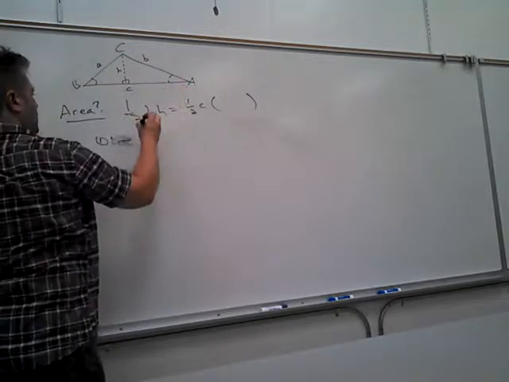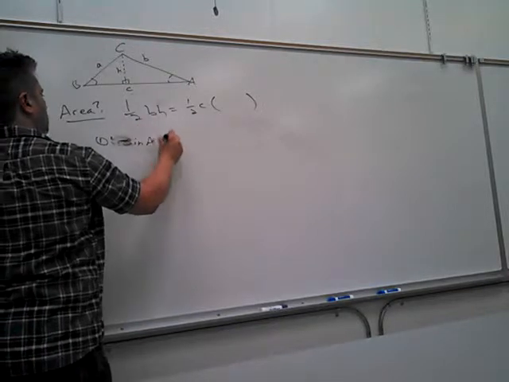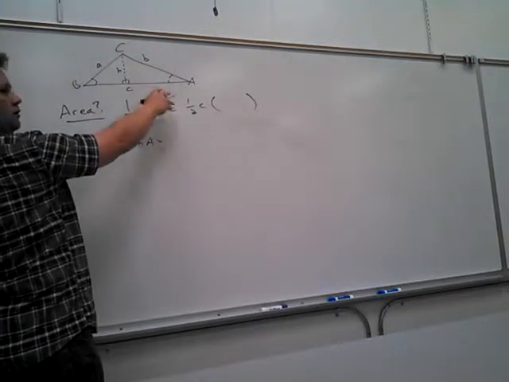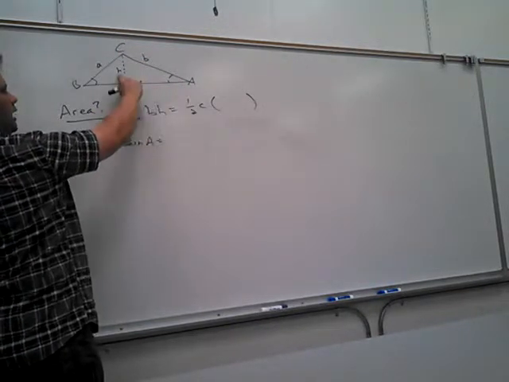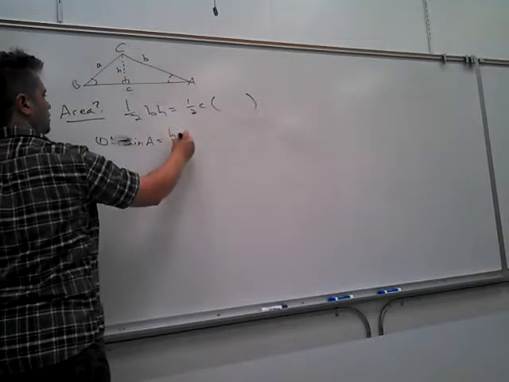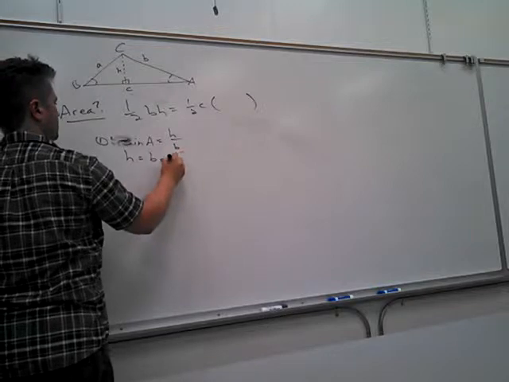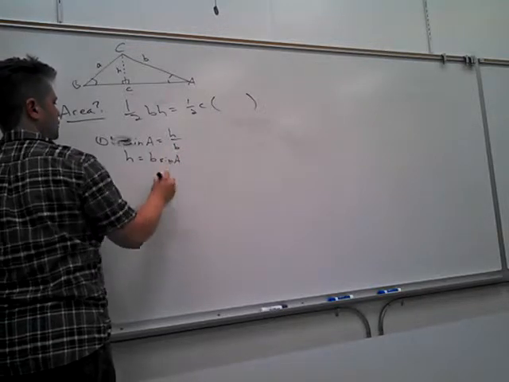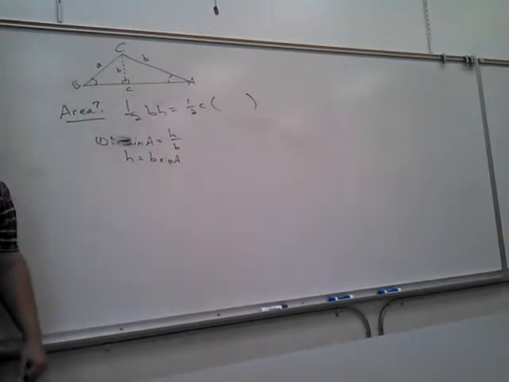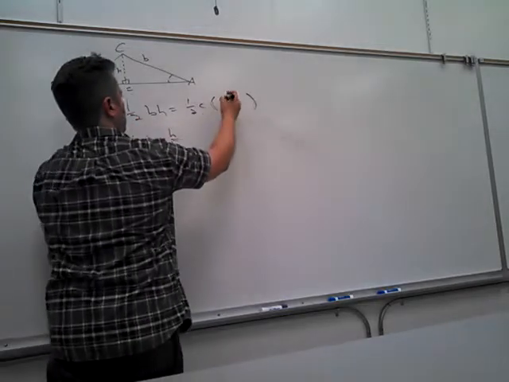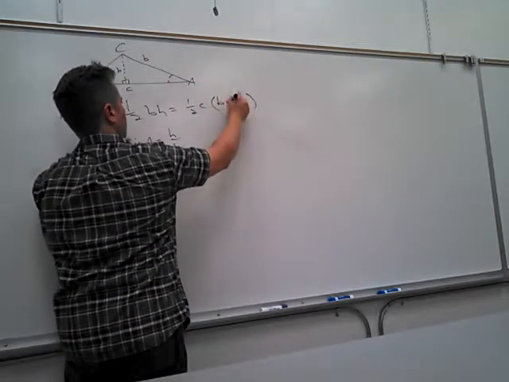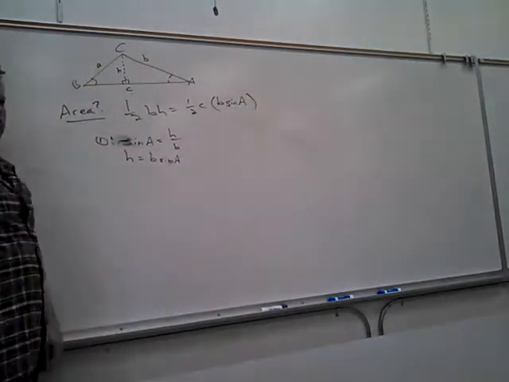Yeah, the sine of A would equal h over b. So h would be b sine A. Is that cool? So that means that this would be 1/2 c b sine A.